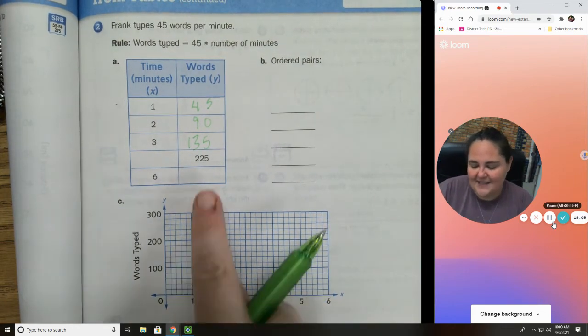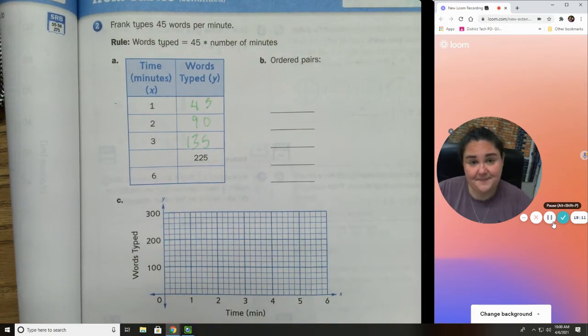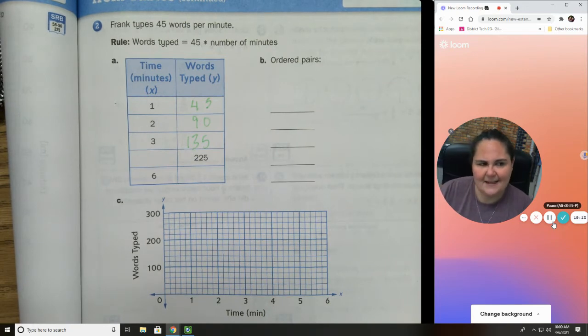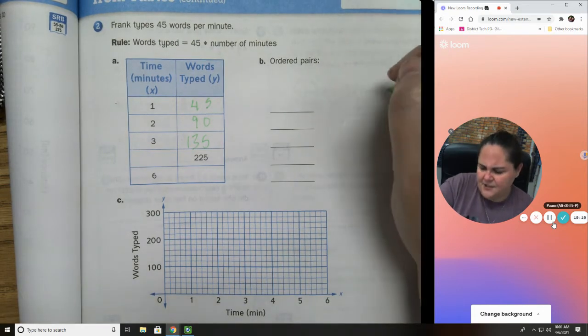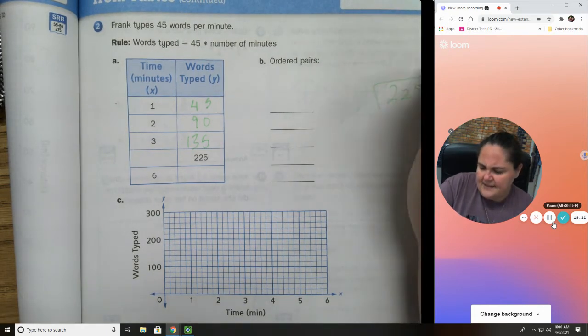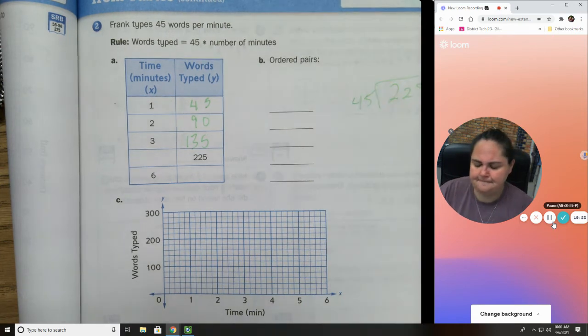All right, we need to divide. Or I can just see if I can figure it out. 225. I'm going to divide 225 divided by 45.